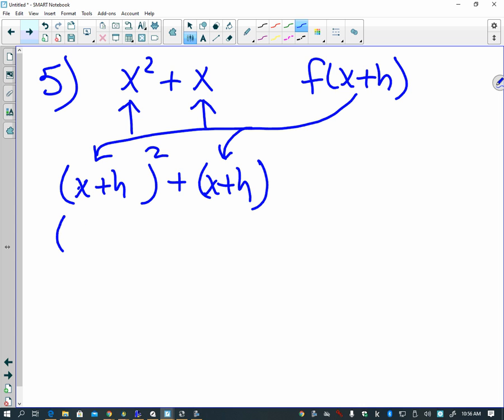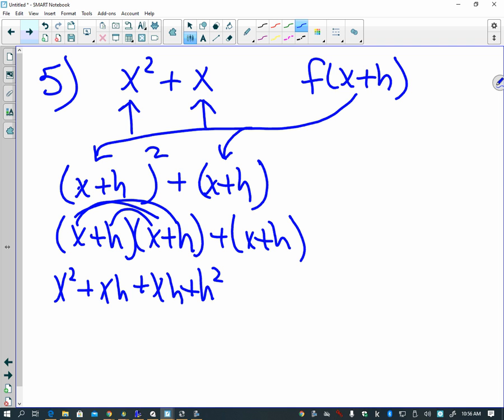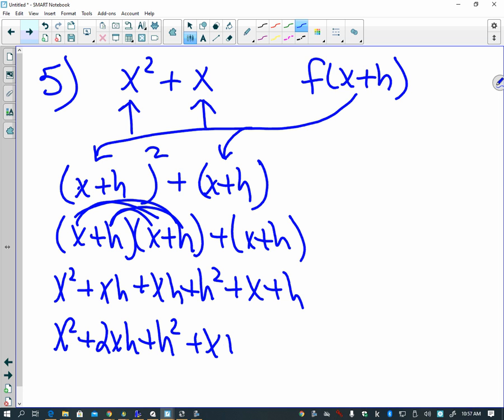So it becomes x plus h times x plus h, plus x plus h. You FOIL this, you get x squared plus xh plus xh plus h squared plus x plus h. Combine like terms, and you get x squared plus 2xh plus h squared plus x plus h.